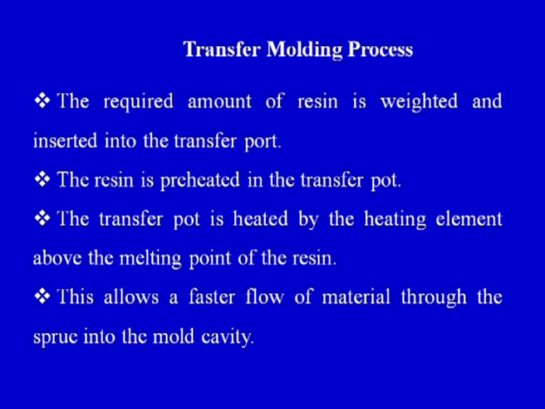This allows a faster flow of material through the sprue into the mold cavity. This molten polymer has to be transferred to the mold cavity, because the mold cavity is the place where the actual processing and formation of the product takes place.